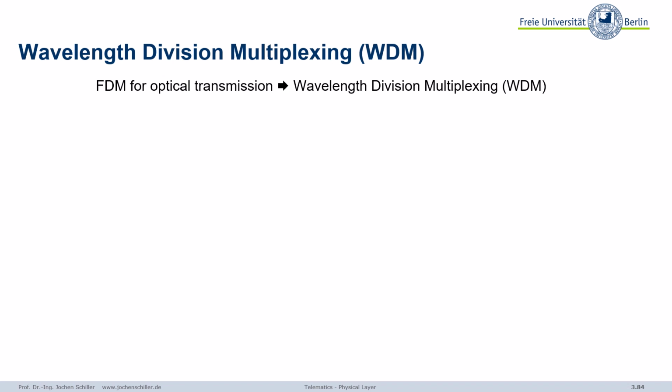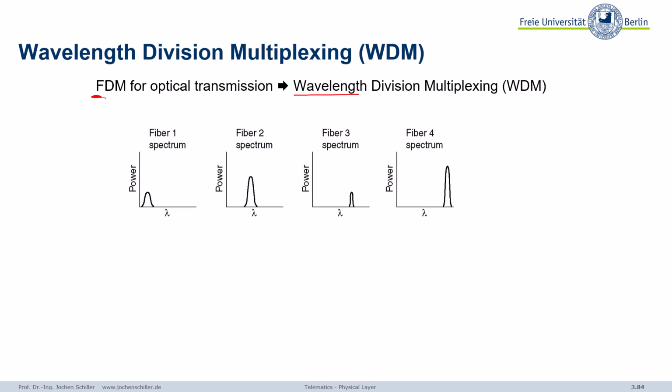Here we typically speak about so-called wavelength division multiplexing, but you know, if we talk about wavelength or if we talk about frequency, that's the same. So we know that depending on the frequency, we have different wavelengths. So that's very simple. So what we do is we create different wavelengths, different frequencies in our spectrum.